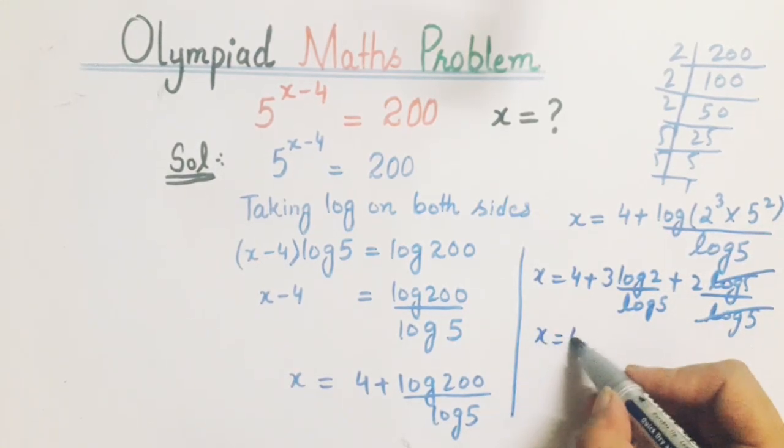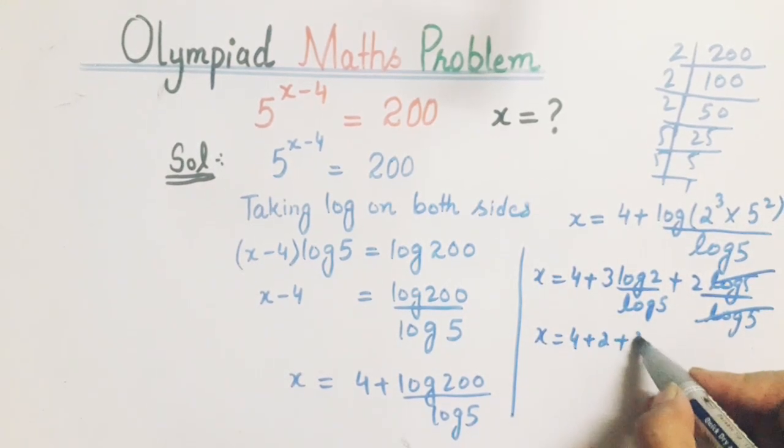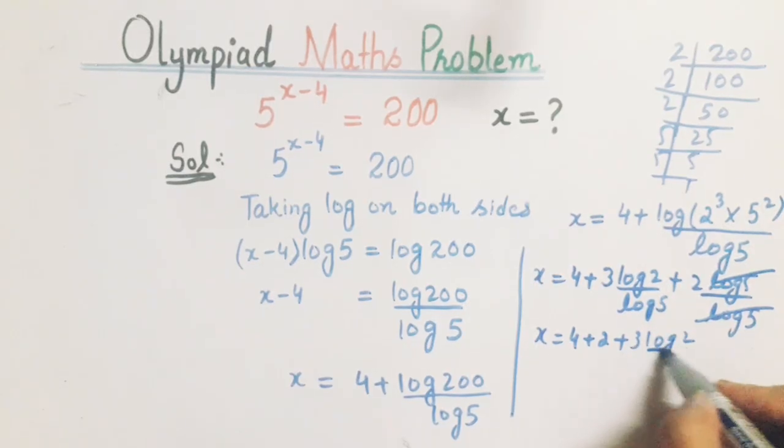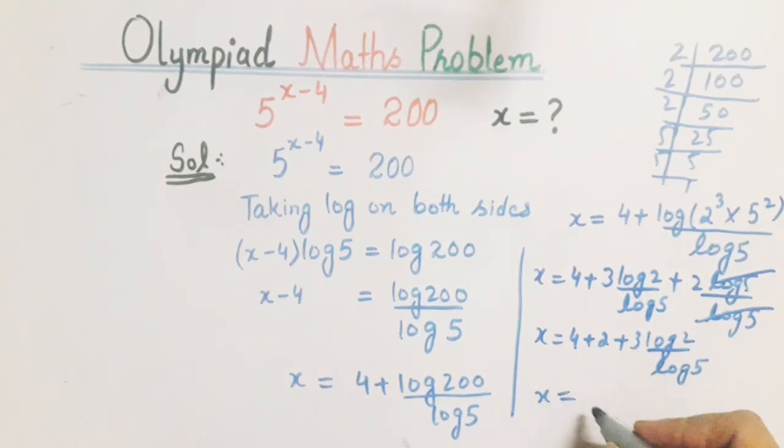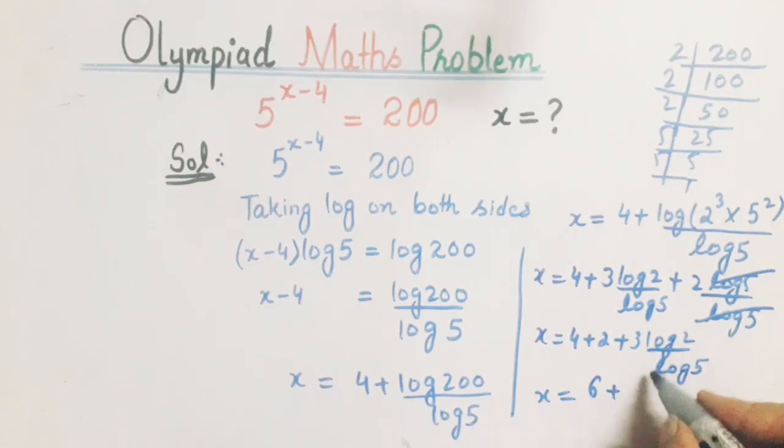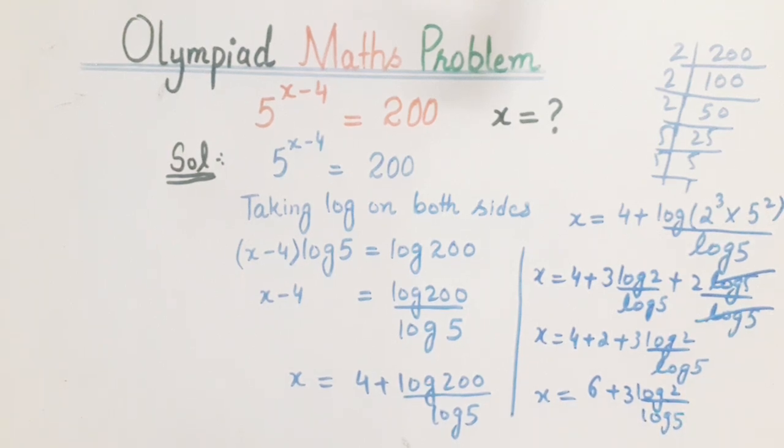So x equals 4 plus 2 plus 3 log 2 by log 5. Now x equals 4 plus 2 is 6, 6 plus 3 log 2 by log 5. So this will be the final answer.